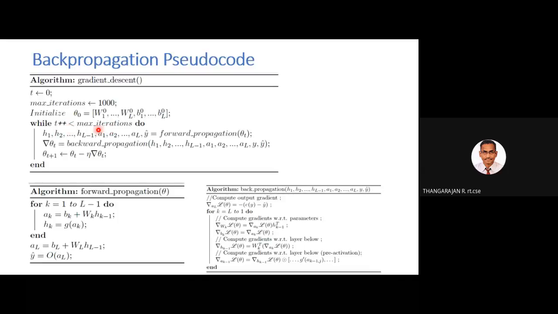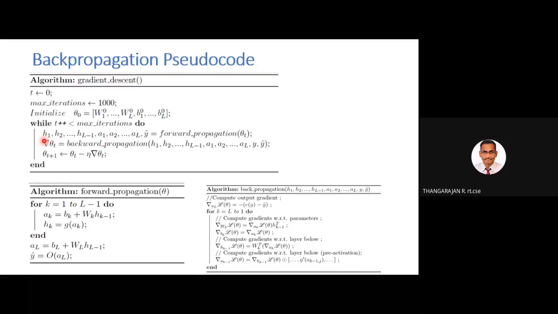Or you can use some criteria: when the error is so small, you can give a criterion for the error, and when the error reaches this much, you stop. The stopping criteria could be anything you choose, but here we have taken 1000 iterations.